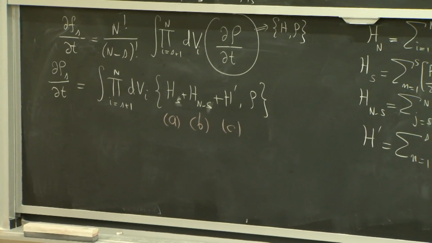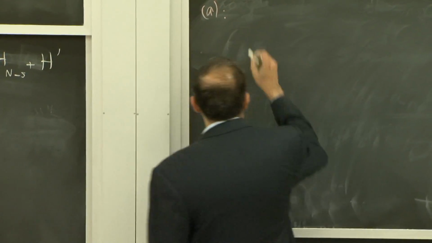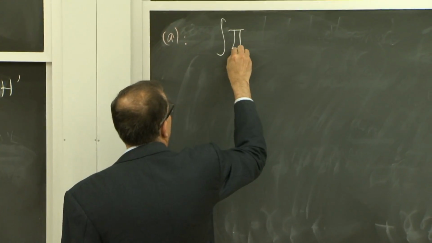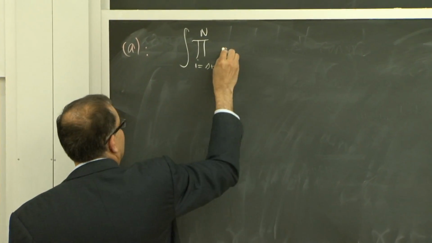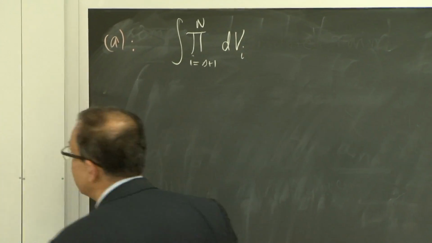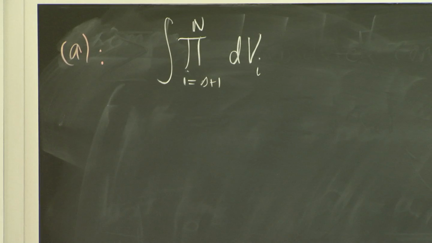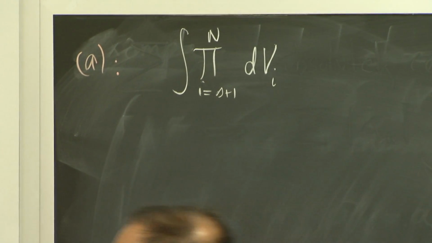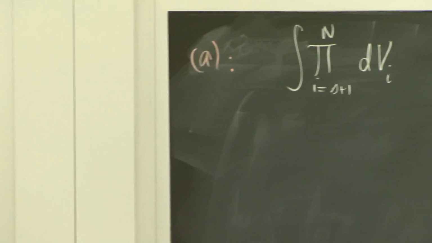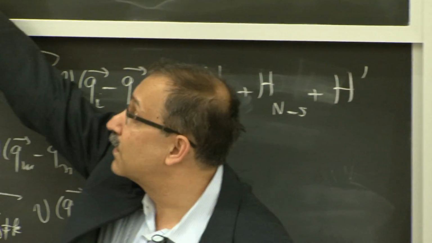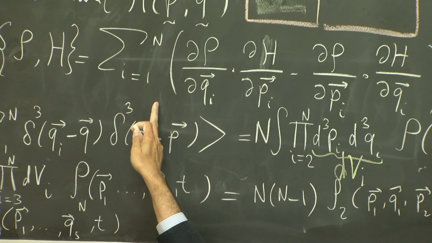So the contribution that I call A is the integral over coordinates s plus 1 to N of the Poisson bracket of H_s with rho. Now the Poisson bracket is given up here. It is a sum that involves N terms over all N particles.